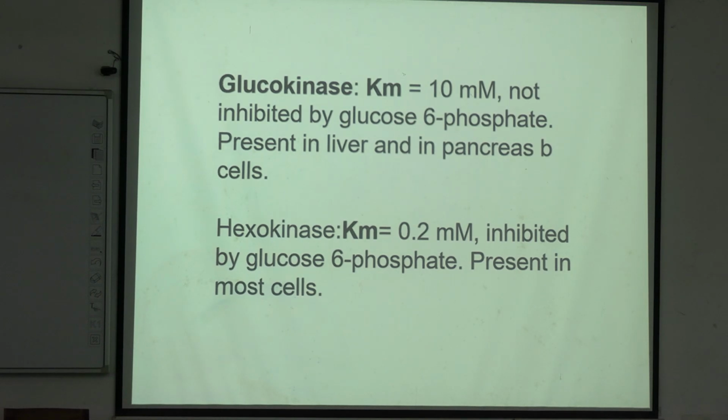Glucokinase is nothing but an isoform or isoenzyme of hexokinase. More precisely, the type 4 isoform of hexokinase is glucokinase. Why do you find the location difference? Hexokinase is found in all tissues, glucokinase is found only in liver.